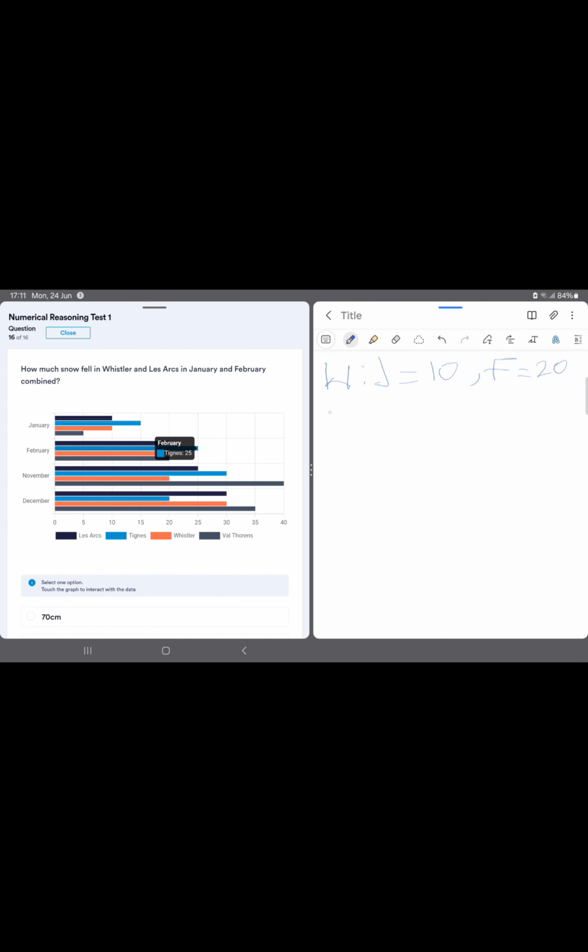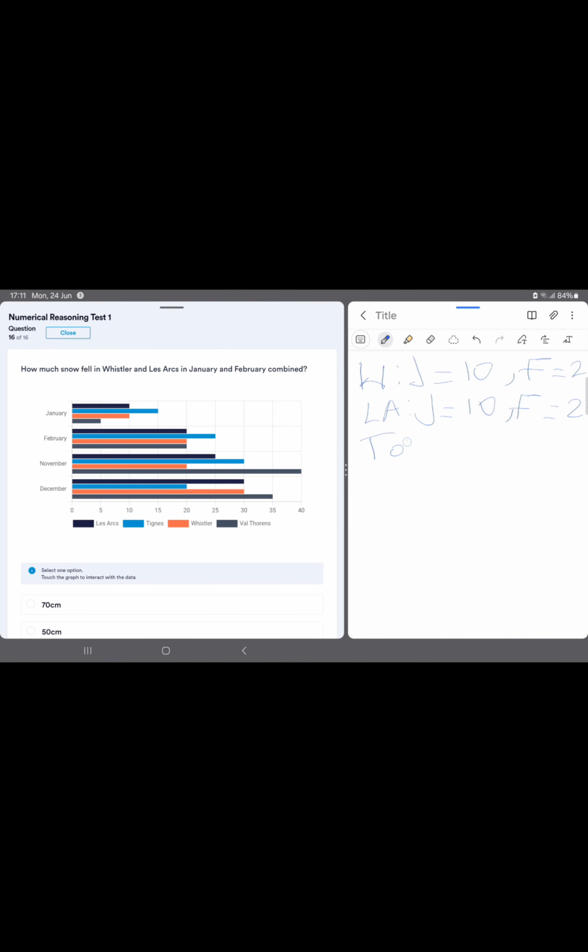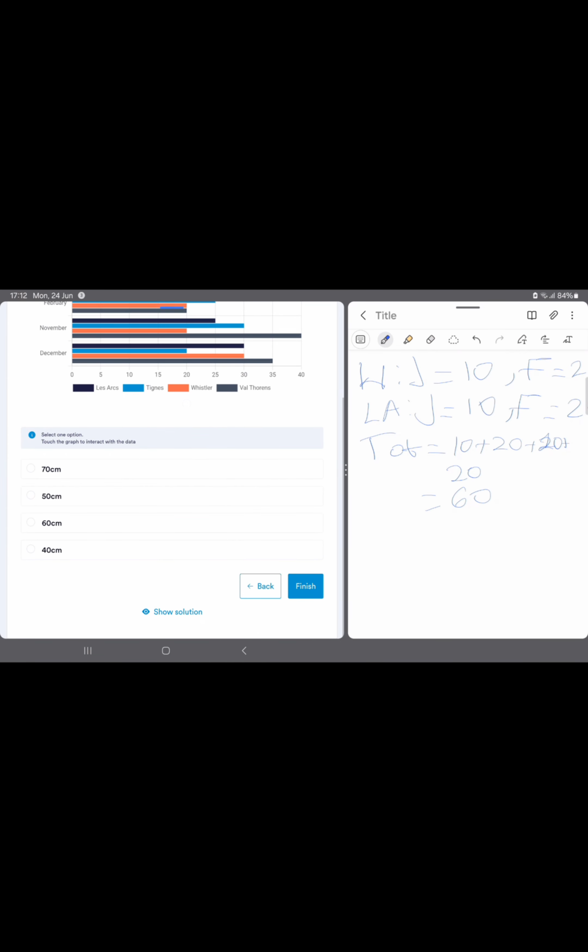Okay, and then for Les Arcs, January is 10 and February is 20. So our total will be 10 plus 20 plus 10 plus 20, which gives us a total of 60 centimeters. Then that will be option number 3.